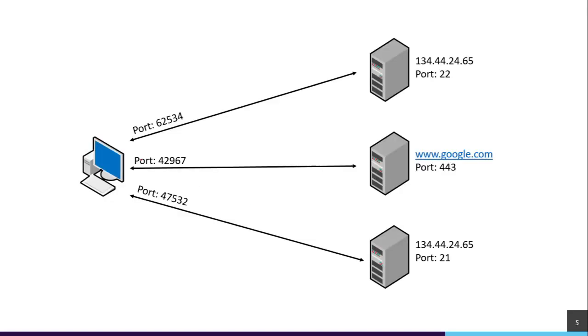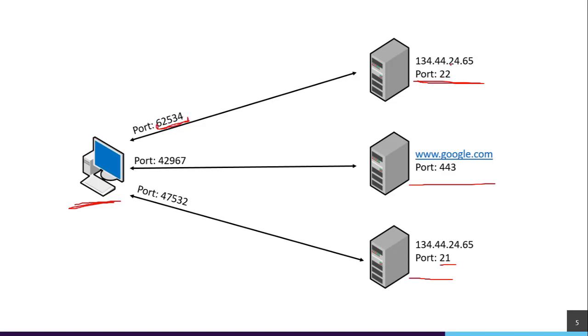Okay, so let's now talk through an example. We have our machine. It's making a lot of connections with a lot of services. For example, as we see, it's connecting to this service via SSH. It's requesting the homepage of Google, and it's also transferring some files using FTP on port 21. Alright, so first, when it connects to the SSH, our computer chooses a random port.